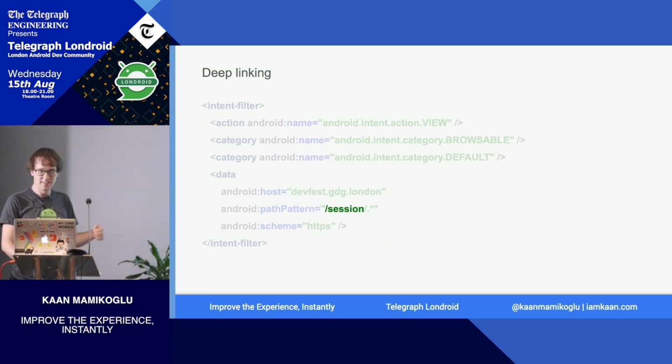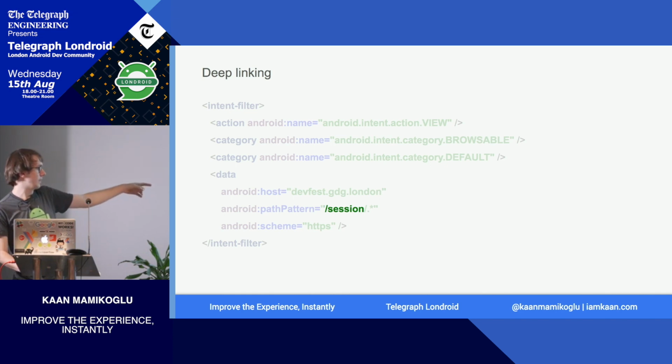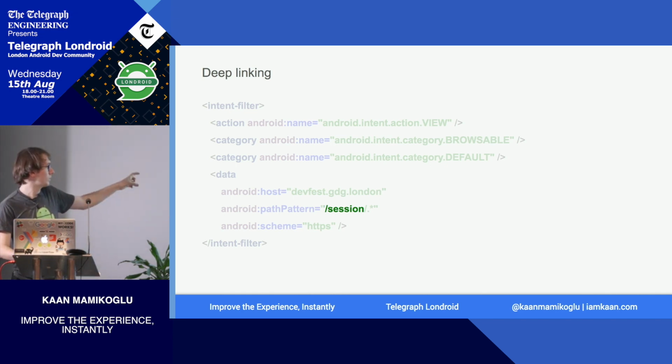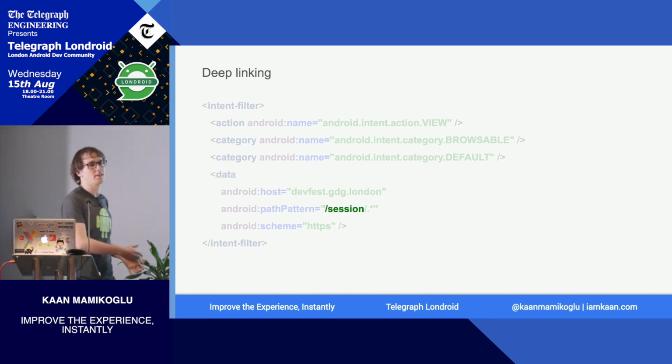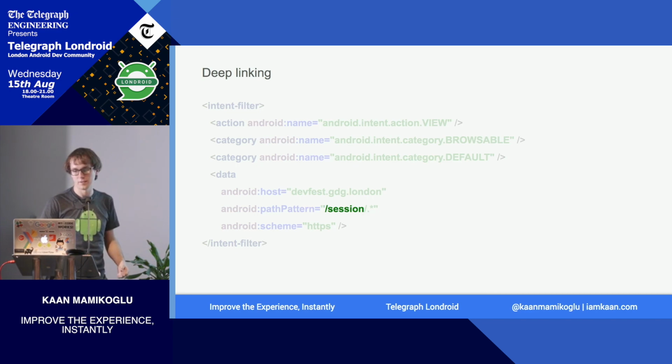Yeah, so you can specify that instead of any link, I will handle just session URLs, and you can put this intent filter on a specific activity which can actually show sessions instead of a generic home screen.